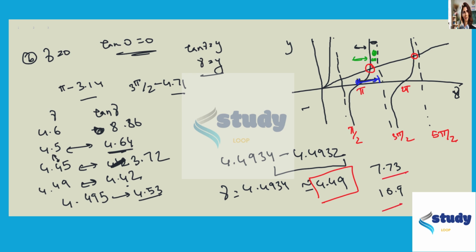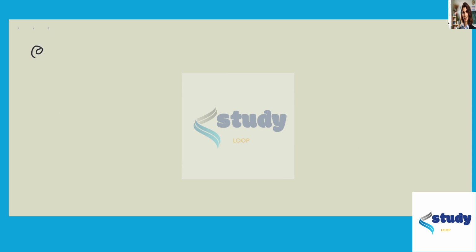Well, now that you have these, let's go to part C. For part C, we want to find out where the minimas are. Well, obviously, if you remember the graph, the minimas occur.